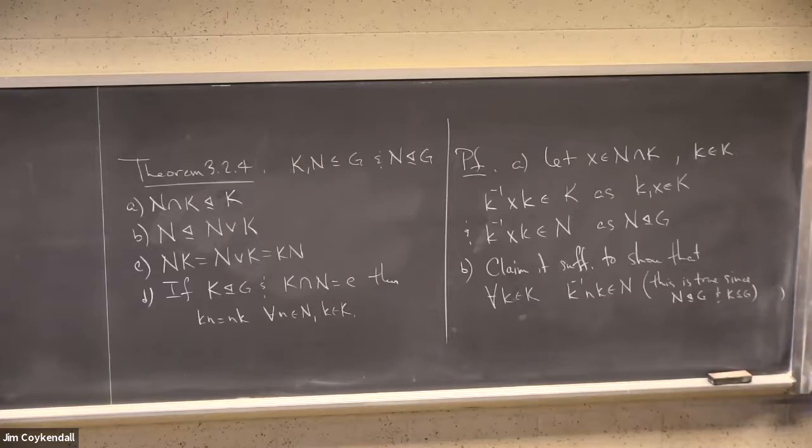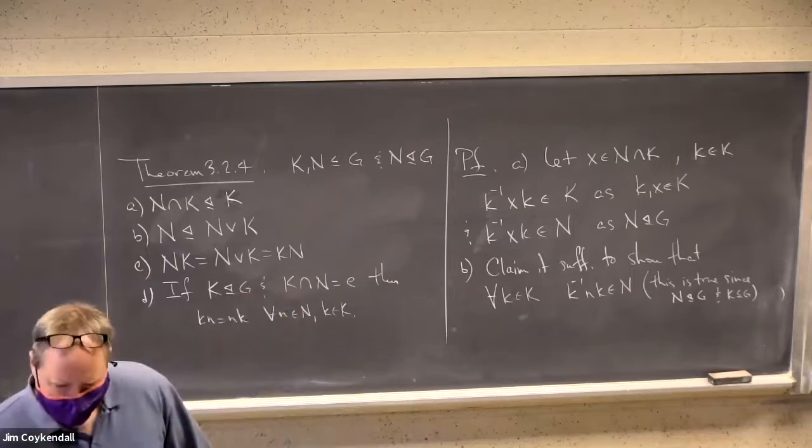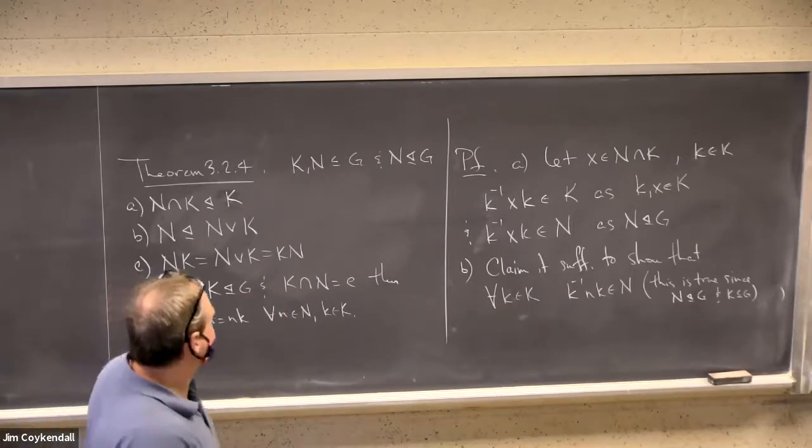Now, these are all in K because the k's and the y are all in K. And these are all in N because N is normal. And so therefore this product is still in the group generated. Questions?